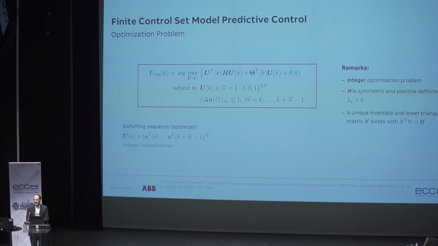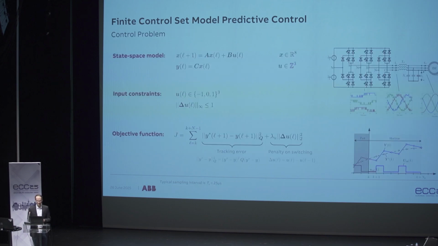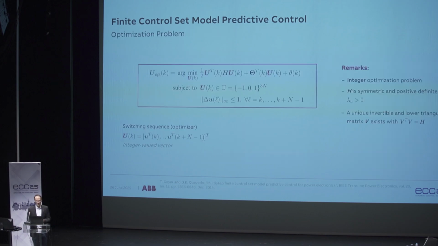Now you can show that the Hessian is symmetric and positive definite, provided that the penalty on switching is positive. And that then allows you to decompose the Hessian into a matrix V, where V transpose V is equal to the Hessian using the Cholesky decomposition. And this matrix is unique, it is invertible, and it is lower triangular.